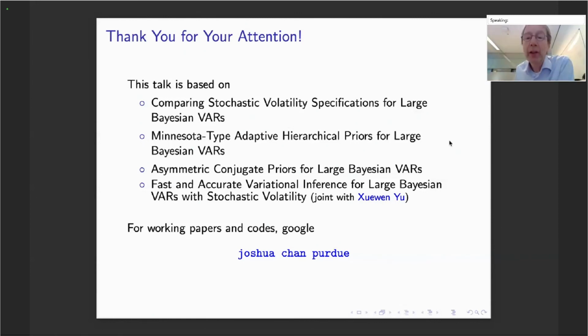Thanks. Another question is by Florian Huber. It is a long question, so I will only take the first part of it. What are the priors you use on the factor loadings in the FSV, the factor stochastic volatility model? Do you use shrinkage with a large number of factors? So the short answer is they are not hierarchical shrinkage.